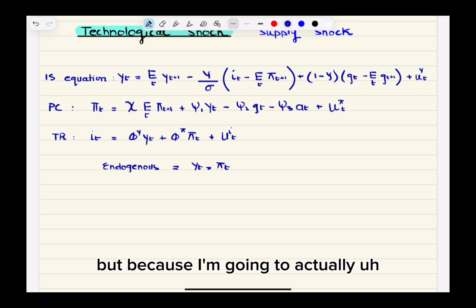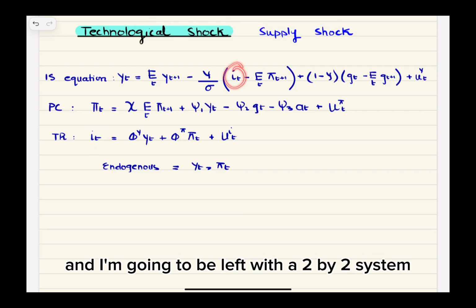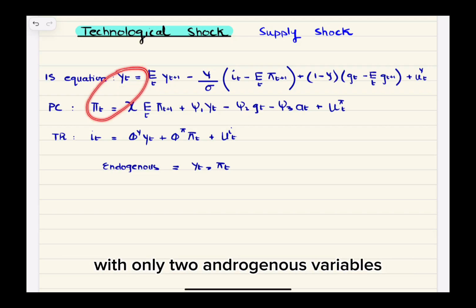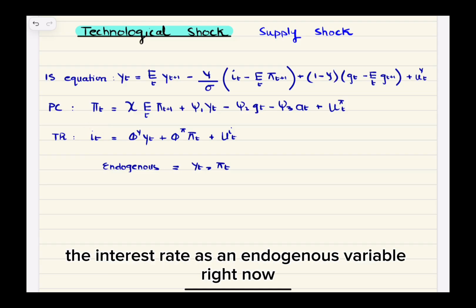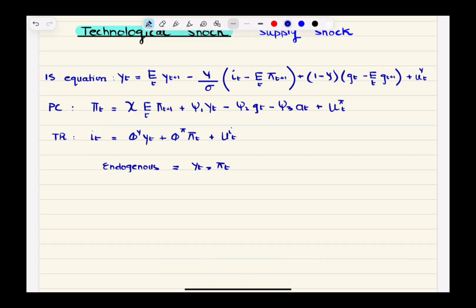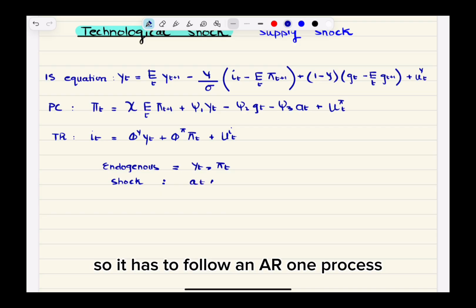But because I'm going to actually substitute the Taylor rule into the IS curve, I'm going to be left with a 2 by 2 system with only two endogenous variables. Therefore, I don't need to state the interest rate as an endogenous variable right now, even though it is. Okay. And the shock this time is on technology. So it has to follow an AR1 process.